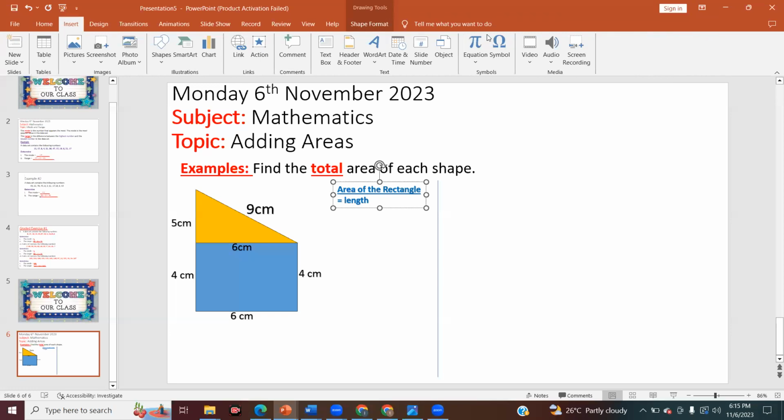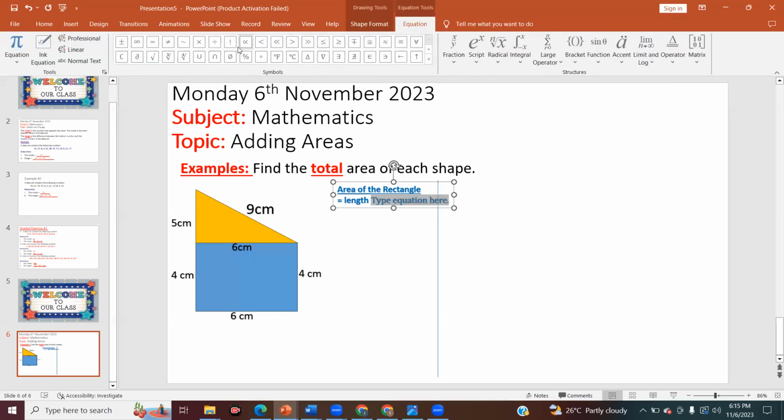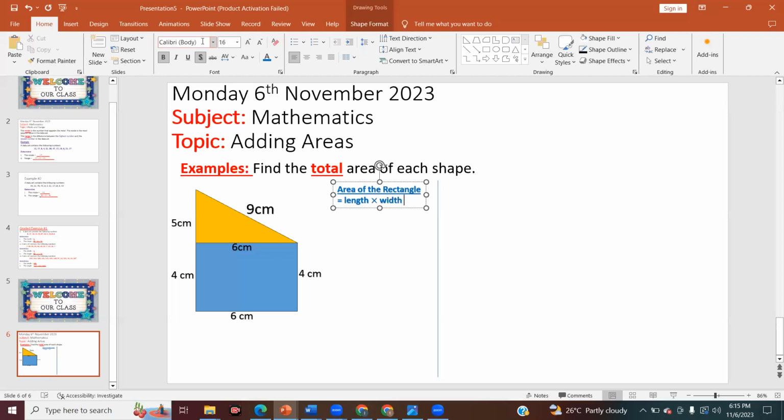Length multiplied by what? The width. Very good. The length multiplied by the width. All right, good. So what is the length of the rectangle?